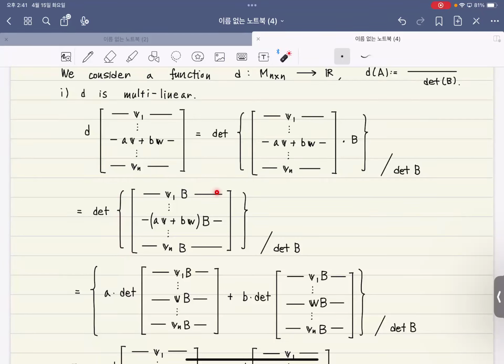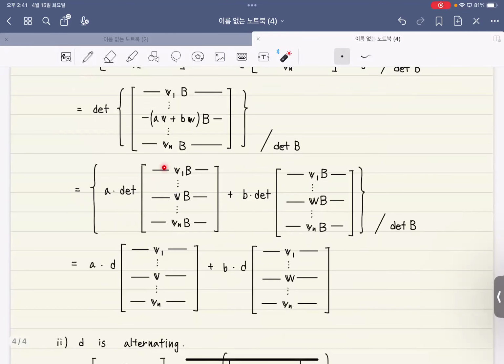So the determinant of this can be split into two terms: A times determinant of the matrix with V times B, plus B times determinant of the matrix with W times B. If I divide the sum of these two numbers by determinant of B, then this is A times D of this matrix plus B times D of that matrix.